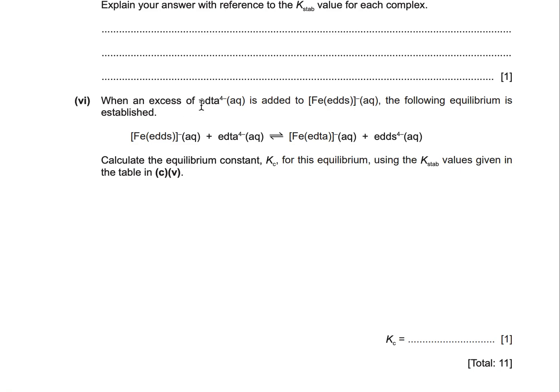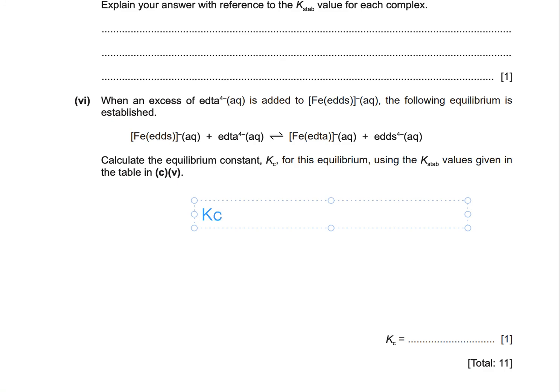When an excess of EDTA 4 minus is added to FeEDDS, the following equilibrium is established. Calculate the equilibrium constant for this equilibrium using the K stab values given in the table. So we need to calculate the equilibrium constant.